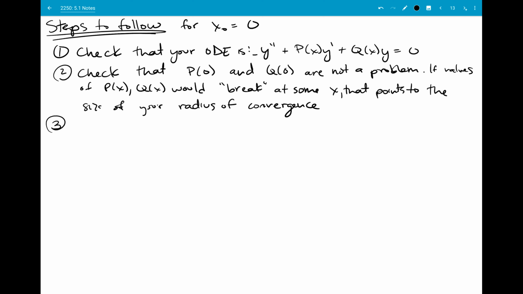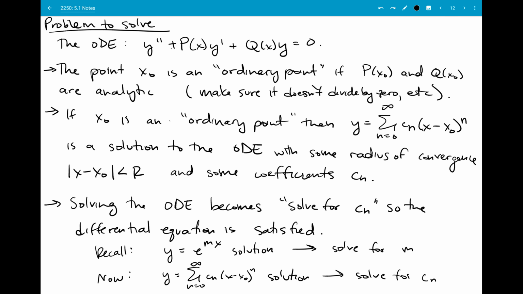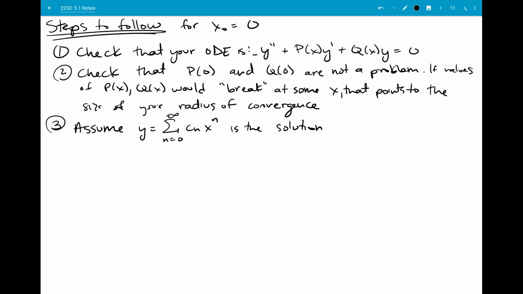So then you're going to assume y equal to the sum from n equals 0 to infinity, c sub n x to the n is the solution. That's that x minus x0 to the n for x0 equal to 0.